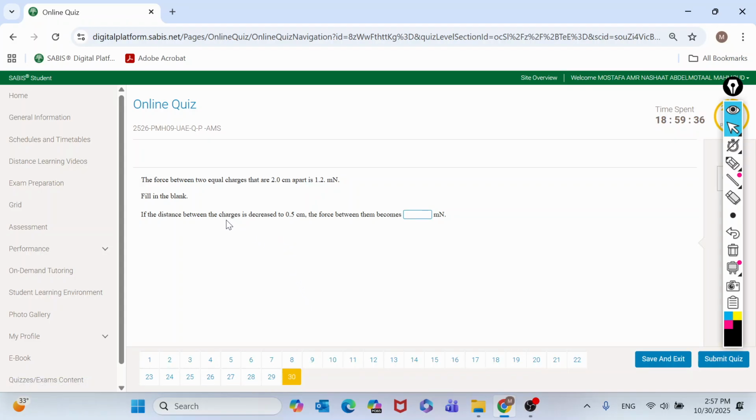The force between two equal charges that are 2 centimeters apart is 1.2 millinewtons. If the distance between the charges decreased to 0.5 centimeters, the force between them becomes something. Okay, guys, look, so you have two equal charges. Let's say a positive charge and a negative charge. By equal, they mean negative 1 and 1, not negative 2 and 1.